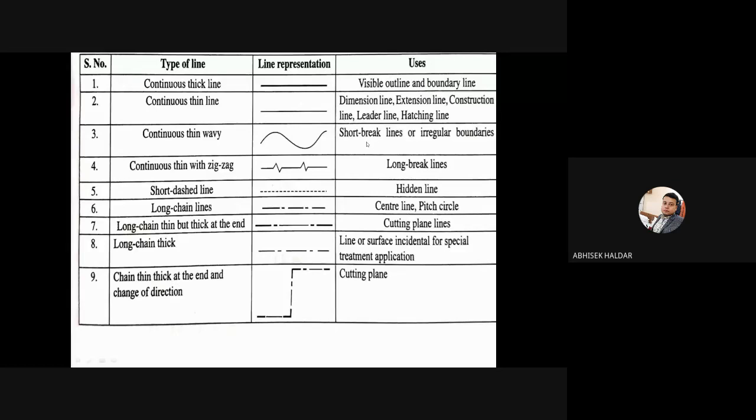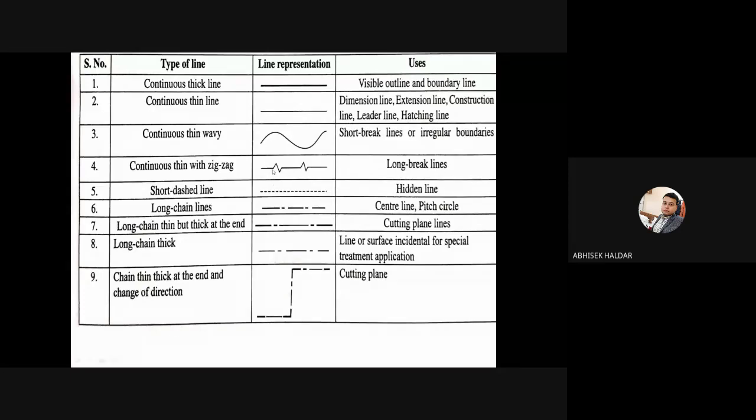Just opposite is the fourth one, the continuous zigzag line. You can see it is like a heartbeat. You may have seen this type of line in some cases, but the actual engineering application of this zigzag line is the long break line. That means I have a very long length to show in the drawing, so in between, that long line can be shown by this type of zigzag.